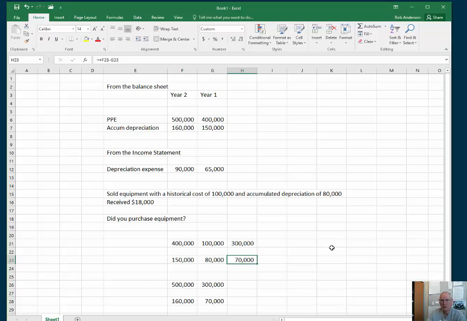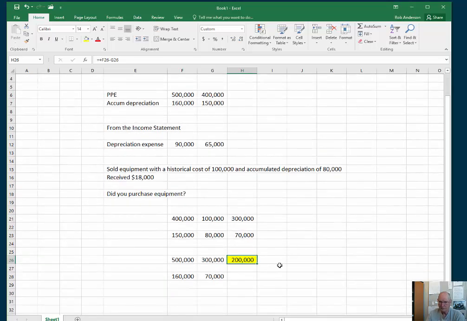So how much did we buy? Well, here is an easy way to figure this out. Here's our balance from year 2. And here's what it would have been if we had not purchased equipment. So we purchased $200,000 worth of equipment.